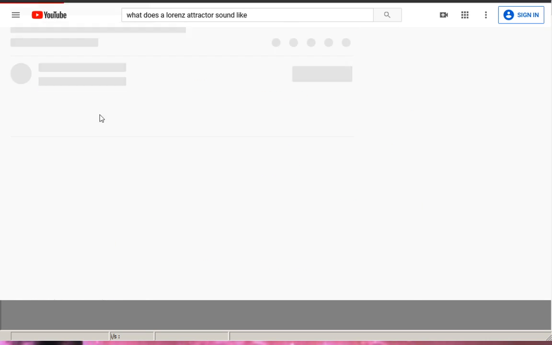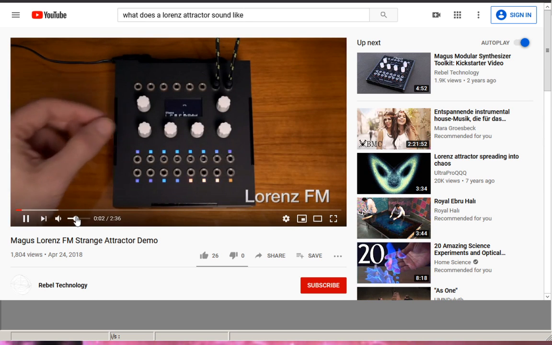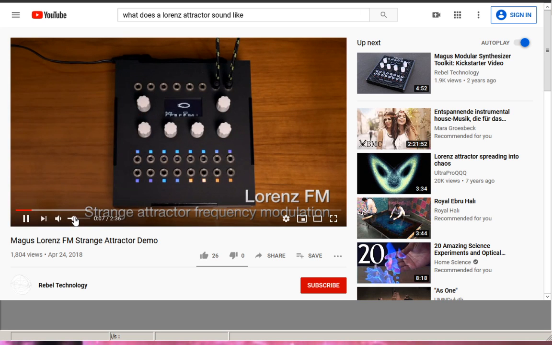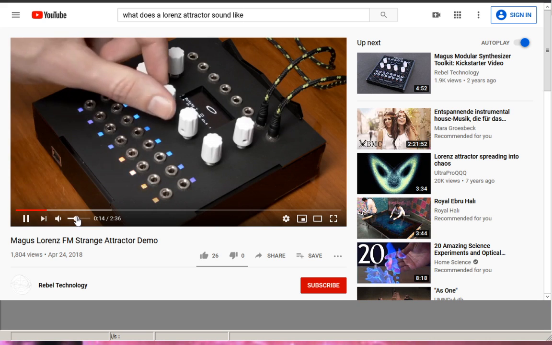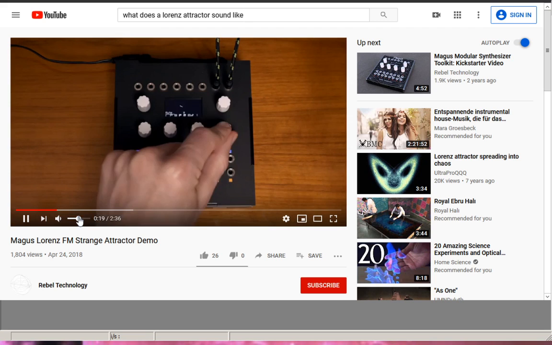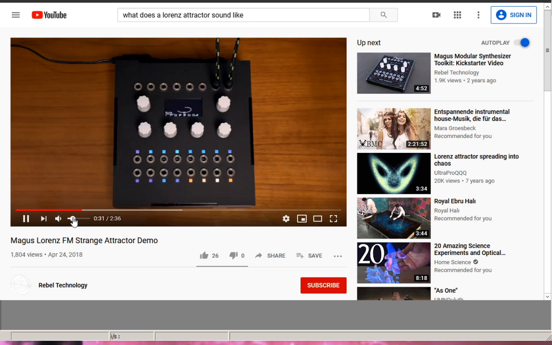Oh, this is a musical thing. What's this? Lorenz FM. Oh, look, they're showing a picture of it on the graph thing. Jesus, what people will make and buy to rip people off.